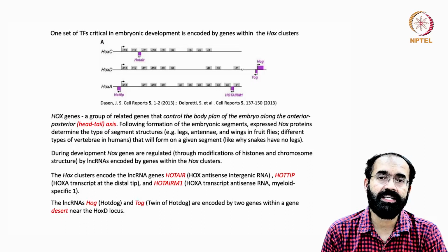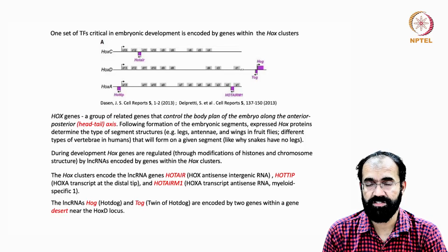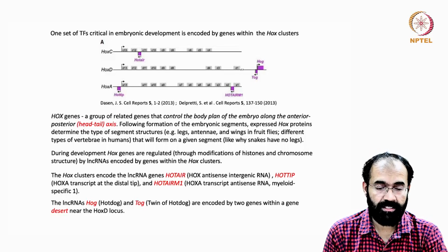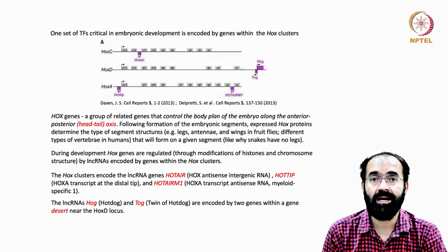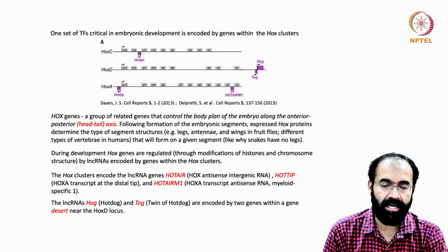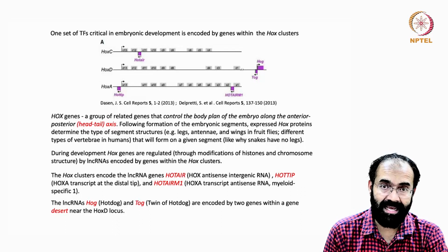Hox genes are, in general, homeobox genes, okay, homeobox-containing protein groups, but they are regulated via epigenetic mechanisms, and a few of them are listed here: Hox C, Hox D, Hox A.